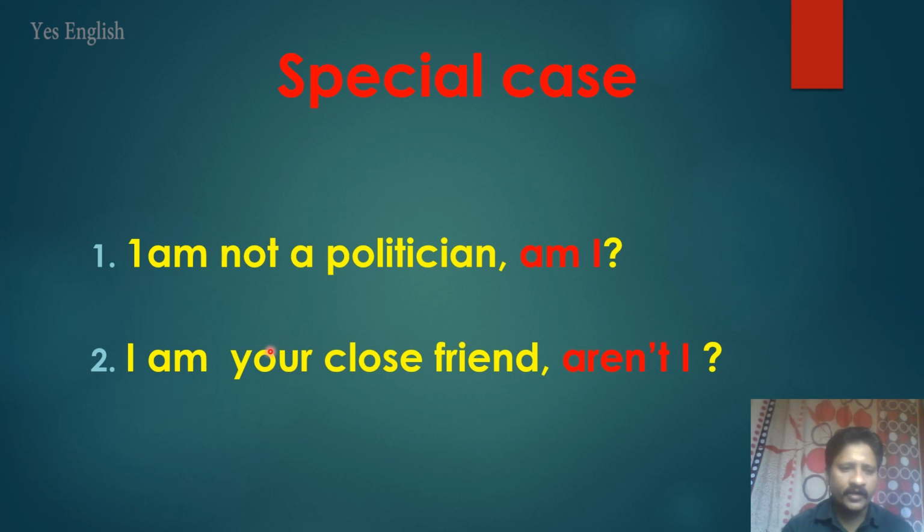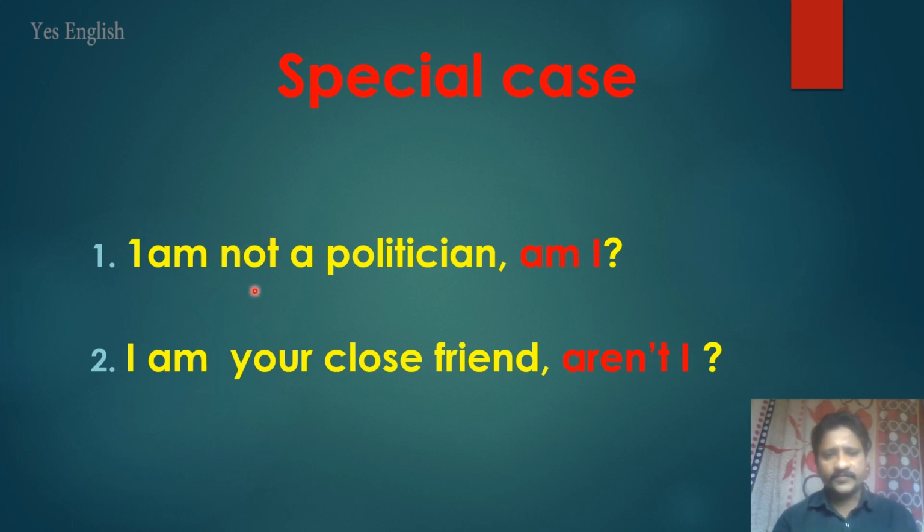But what about the second sentence, I'm your close friend? In this sentence you cannot write am here. Okay, amn't I is a wrong tag. Okay, am can be used only if the sentence is a negative sentence.